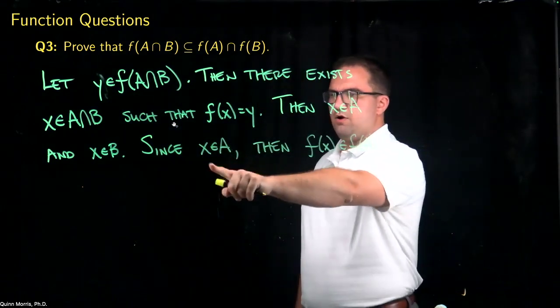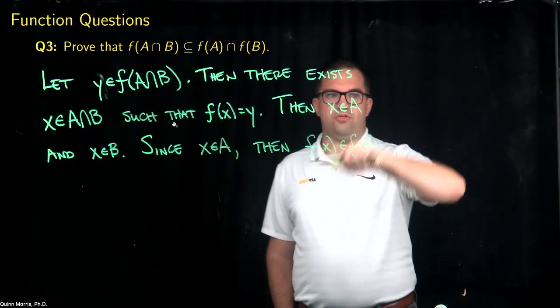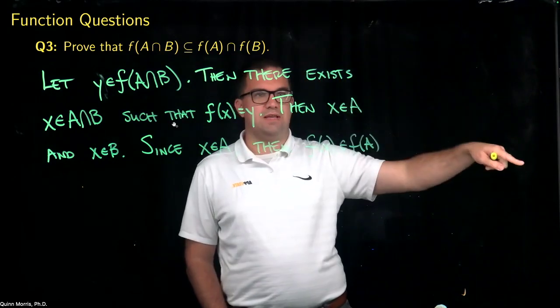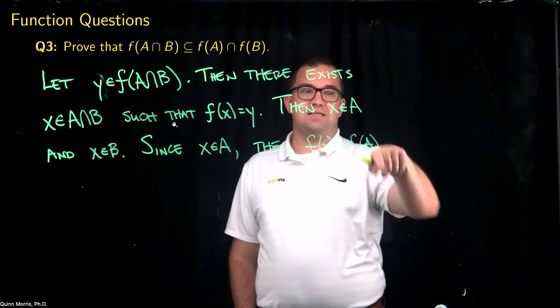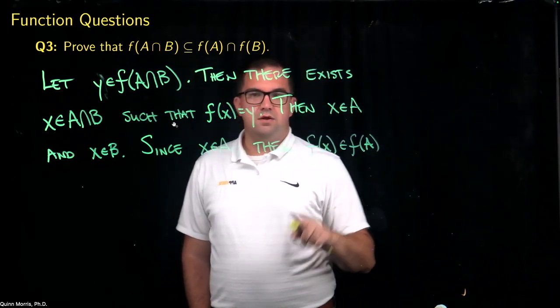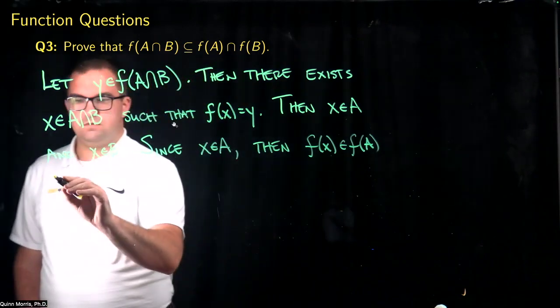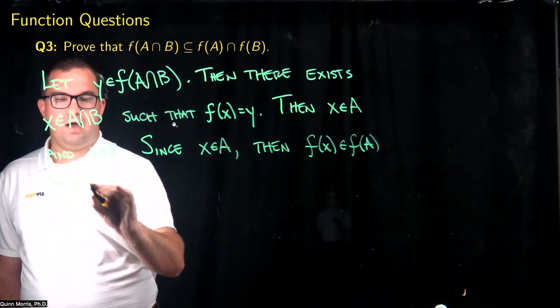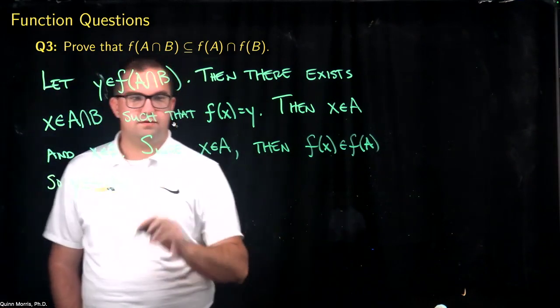Right? That makes sense because if X is in A, well, f of A are just all the things that get hit by mapping something out of A over into Y. So if X is in A, f of X has to be in f of A. But what is f of X? F of X is just Y. The Y is in f of A. Okay.